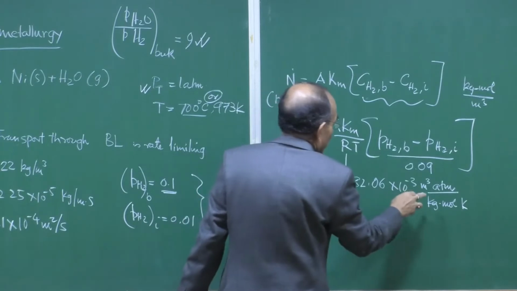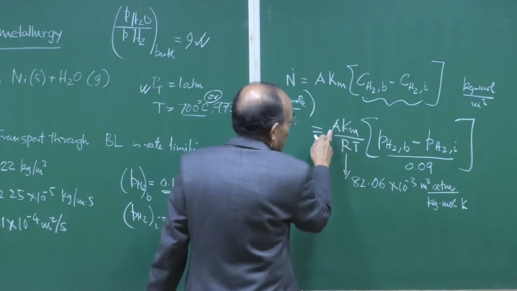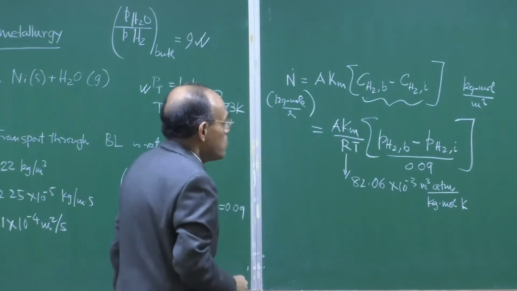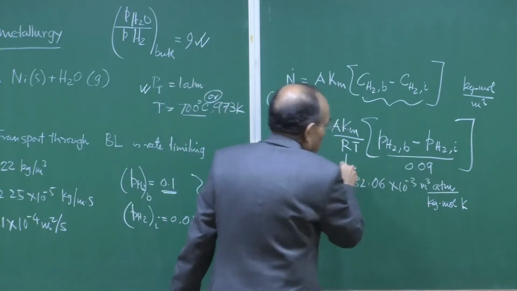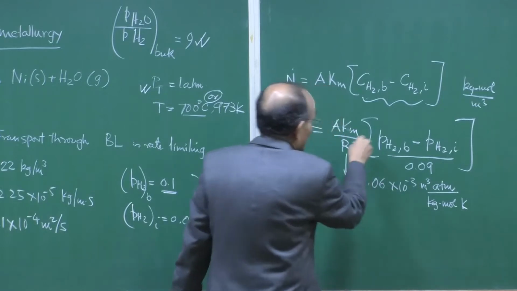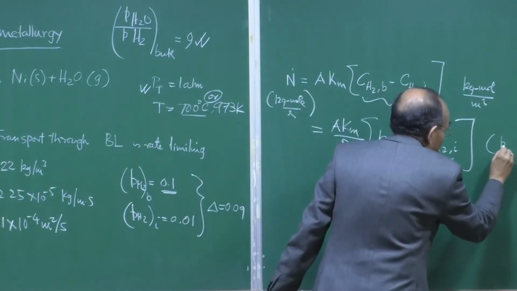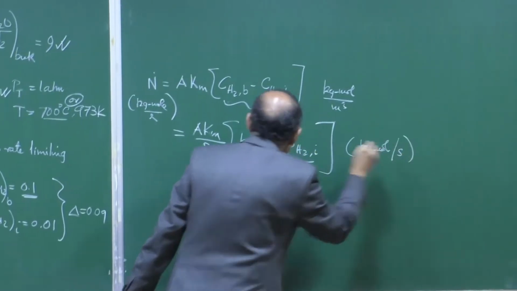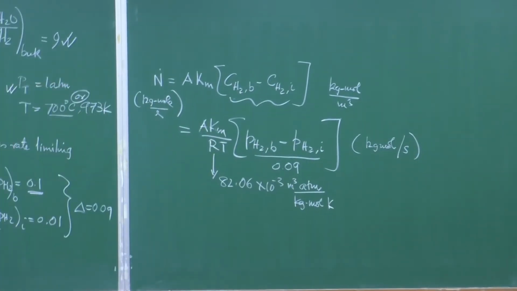We will be left with meter cube per second. So, this meter cube will be cancelled out, atmosphere will be cancelled out, and Kelvin will cancel out. We are going to be left with units in terms of kg mole per second. That is the unit of this parameter.